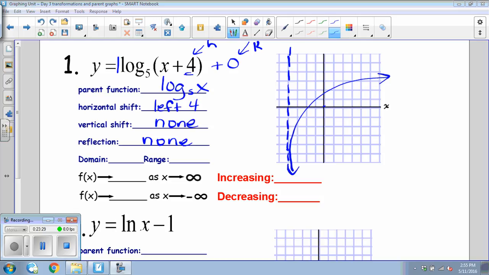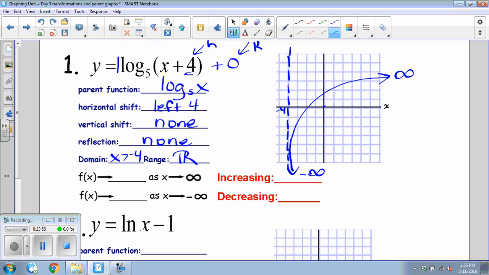Okay, so my end behavior, as x goes to the right, my y values continually increase, and as x goes to the left, my y values continually decrease. The domain, that's my x values. This is negative 4. So it's x greater than negative 4. My range, all reals.